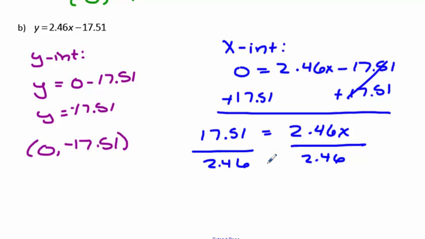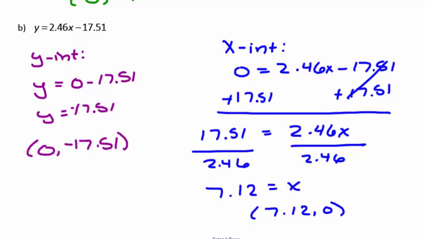Grab a calculator and check that division. 17.51 divided by 2.46 is going to give you about 7.12 if you round it to 2 decimal places. So my x-intercept is 7.12, 0.